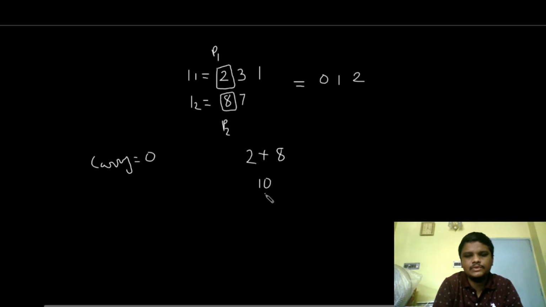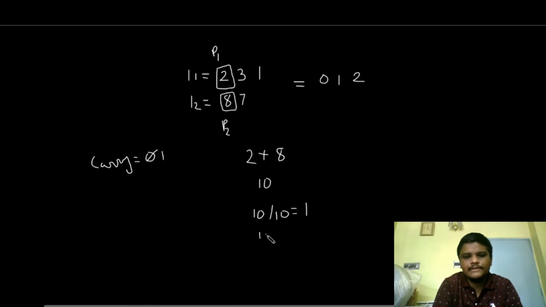Now 10 is a 2-digit number. Each node in our linked list should contain a 1-digit number. So we need to find the carry, and in order to find the carry we do 10 divided by 10. Using this formula we get the carry as 1, so carry will be updated to 1.